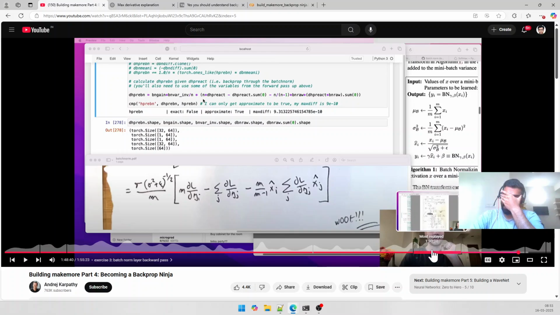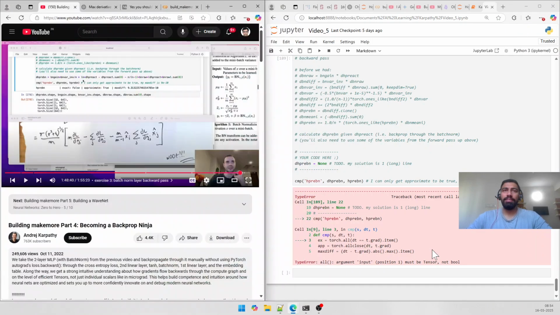But anyway, I will try to practice this again if I can build it and do it. That's the reason I'm just seeing what he's doing and not trying to calculate on my own like I was doing before.